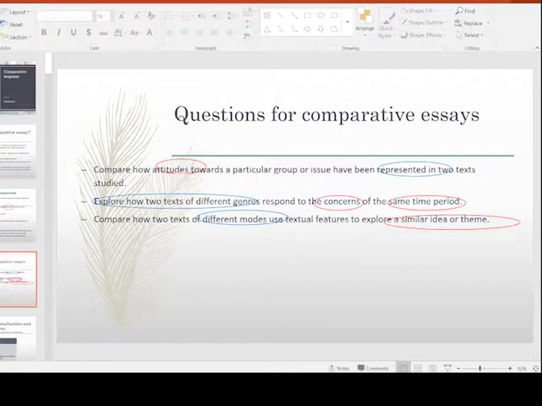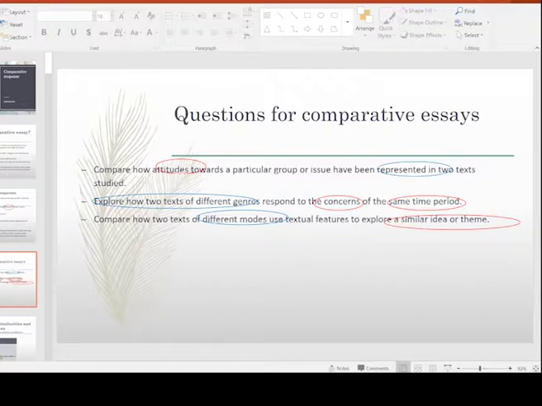The next question is from the 2017 WACE exam. Explore how two texts of different genres respond to concerns of the same time period. So again, Exit West is a very modern text, and a lot of the times when you're doing films, they tend to be modern. So you can say that they're looking at concerns of the same time period.